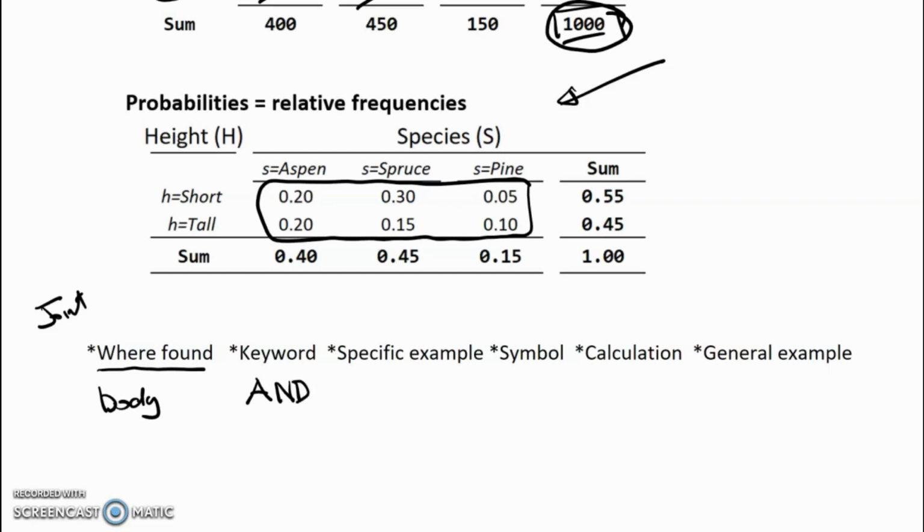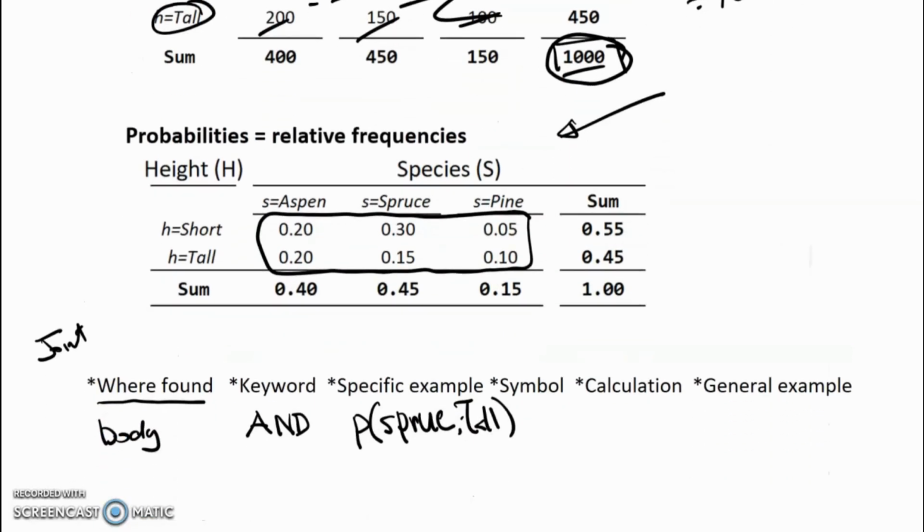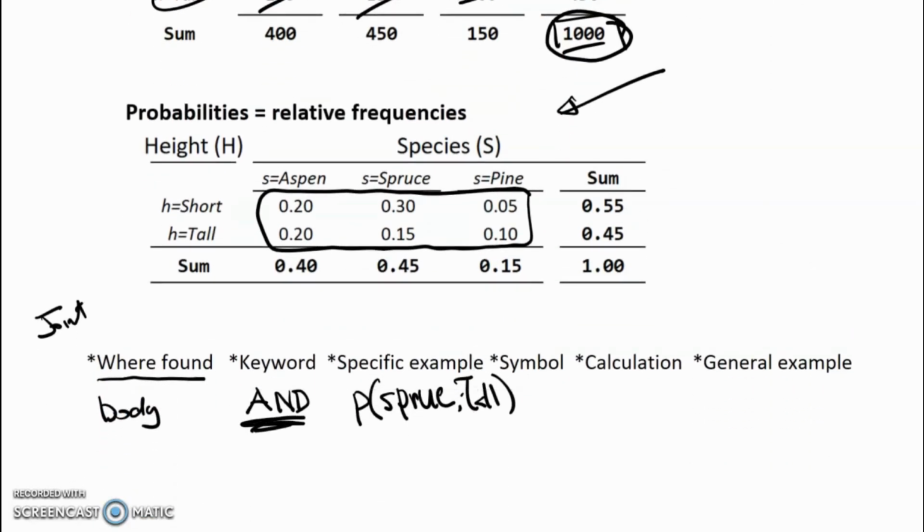A specific example might be the probability that a randomly selected tree is spruce, tall. What that means is that a randomly selected tree from this population would simultaneously, that's where this word and comes in, be a spruce tree and a tall tree, and that is 0.15.